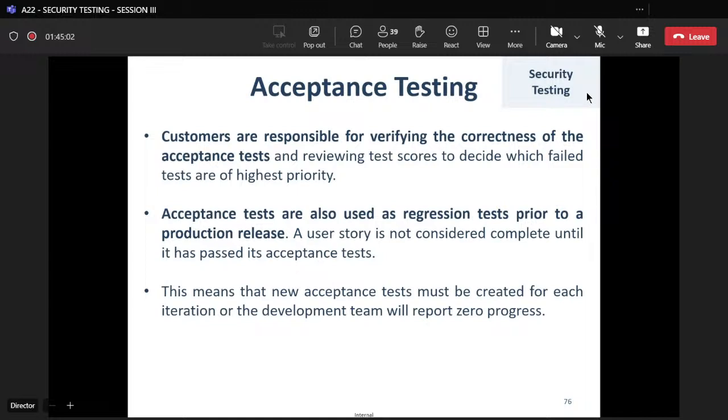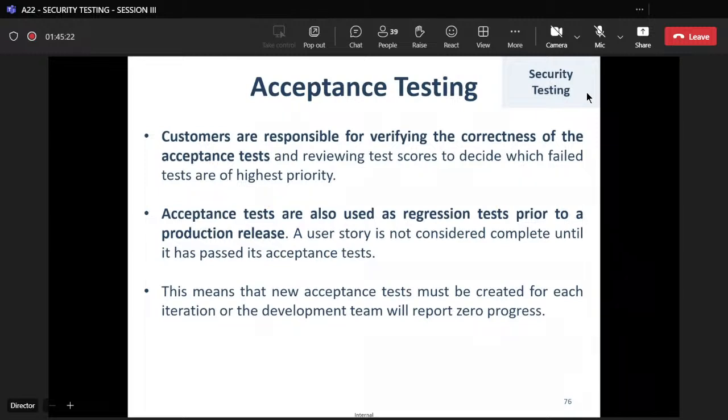In acceptance testing, the customers, I can say the stakeholders, are generally responsible for verifying. Generally the SMEs, subject matter experts, will be a part of the testing team, and they'll perform the test and accept based on the criteria and test scores.